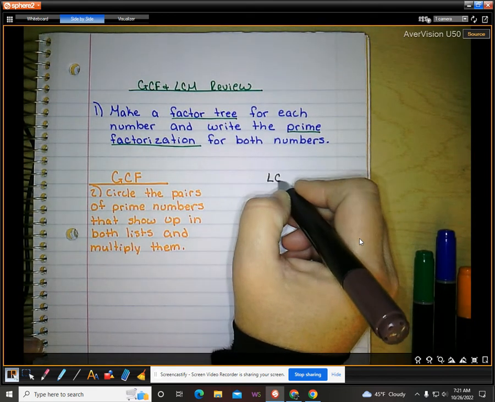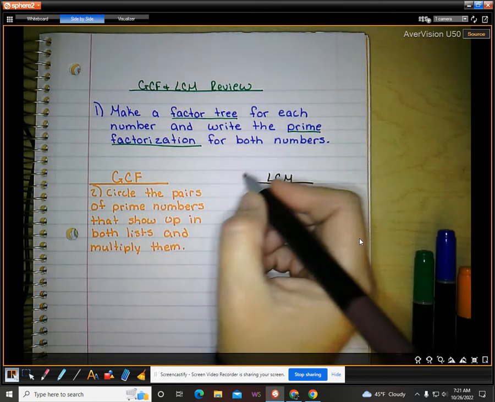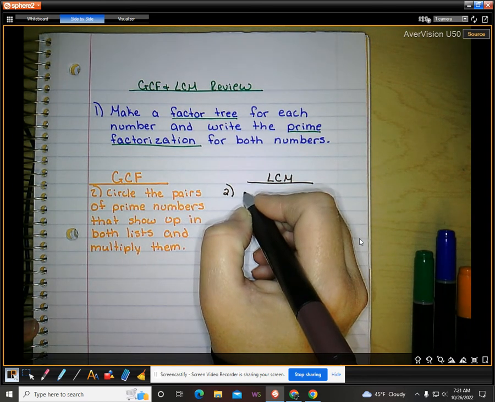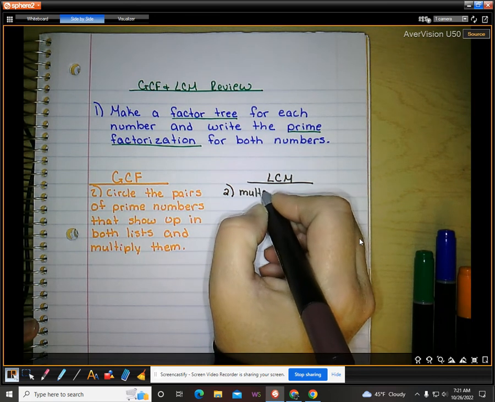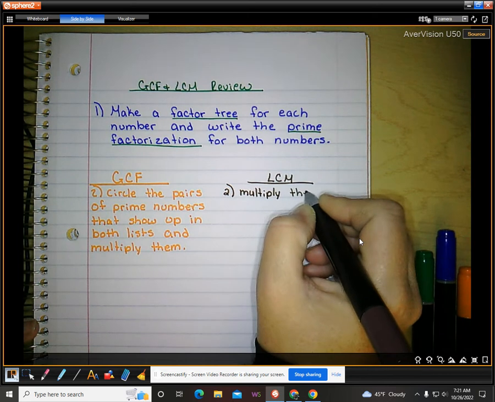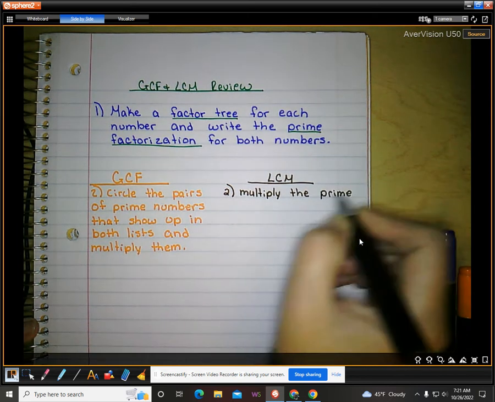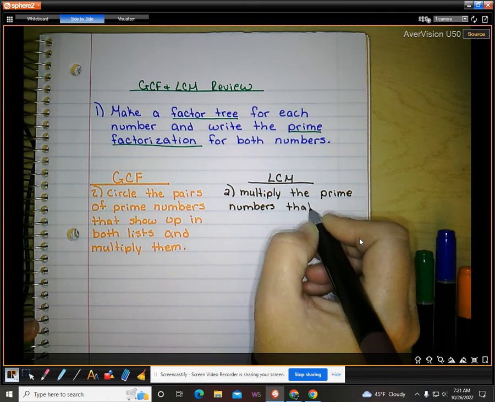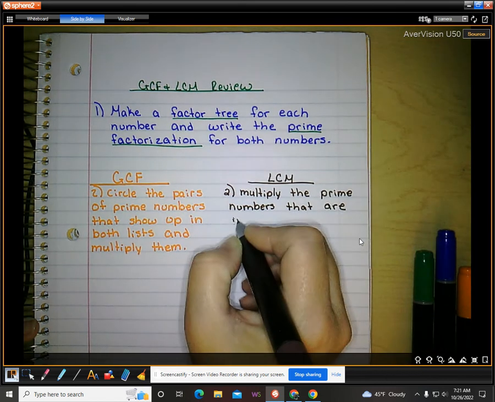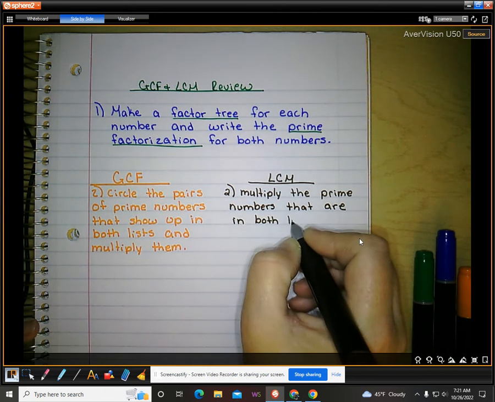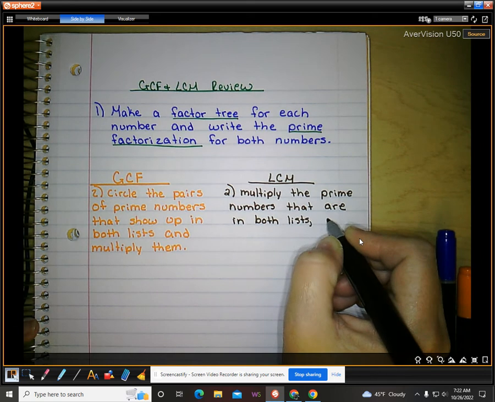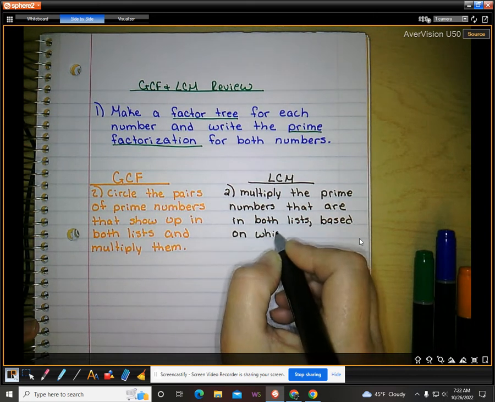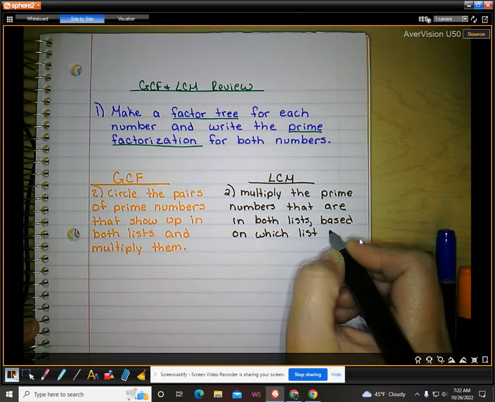And if you're finding least common multiple, you are going to multiply the prime numbers that are in both lists based on which list has the number the most.